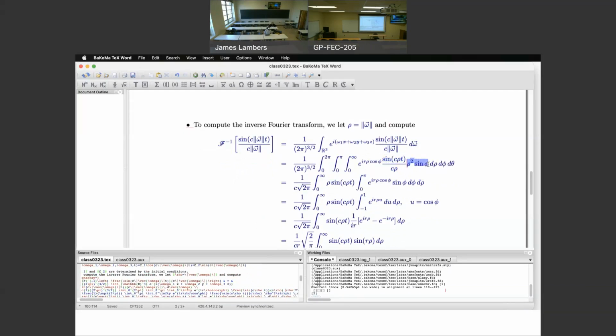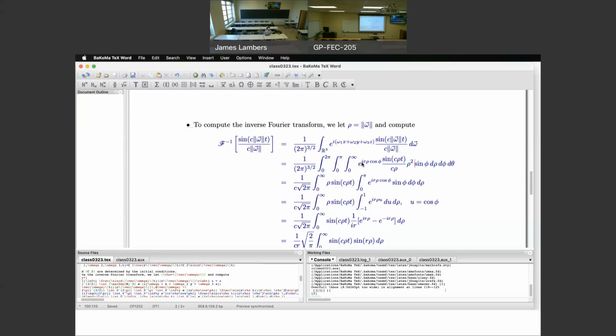Rho squared sine phi is the Jacobian of the change of variable from Cartesian coordinates to spherical coordinates that you might remember. For example, when you go from Cartesian to polar coordinates, you have a factor of r in there. It's that. This is a corresponding thing for spherical coordinates. You have d rho, d phi, d theta.